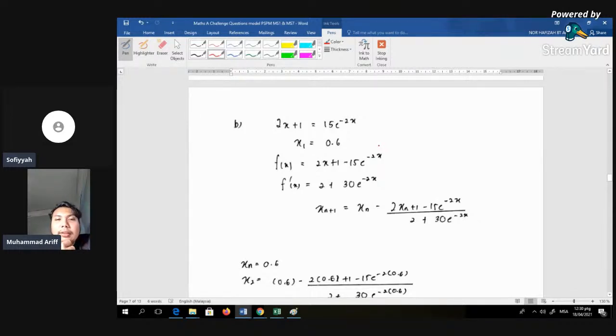Kita differentiate persamaan tersebut dan kita masukkan dalam formula Newton-Raphson.